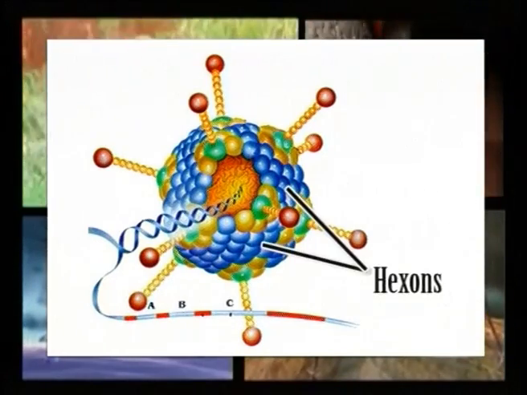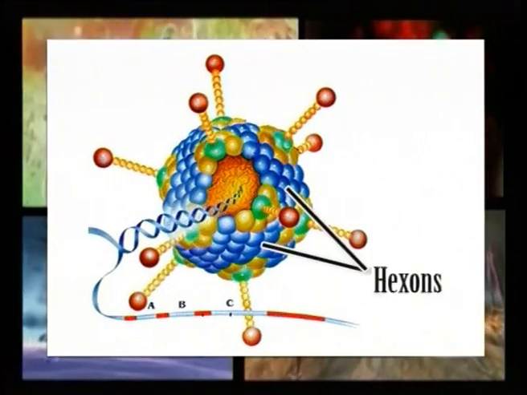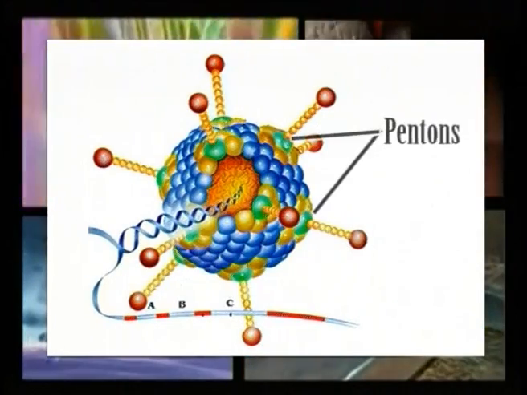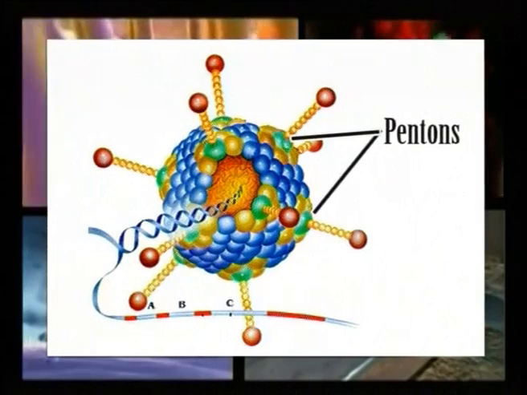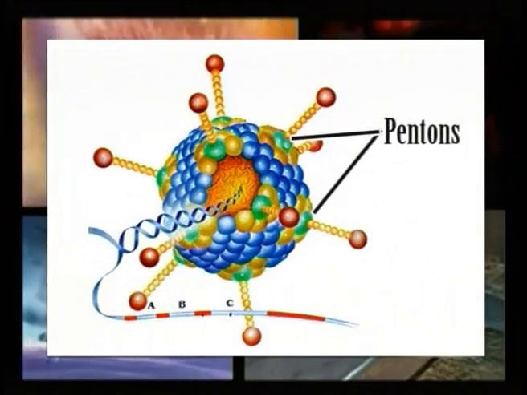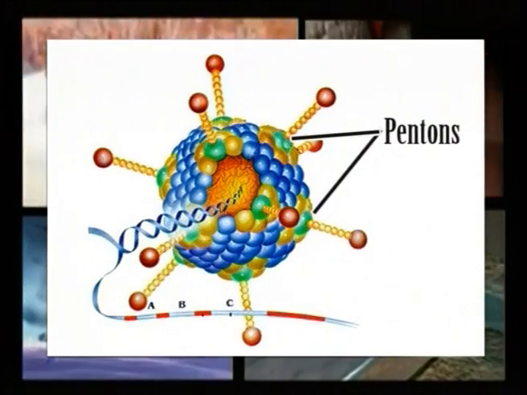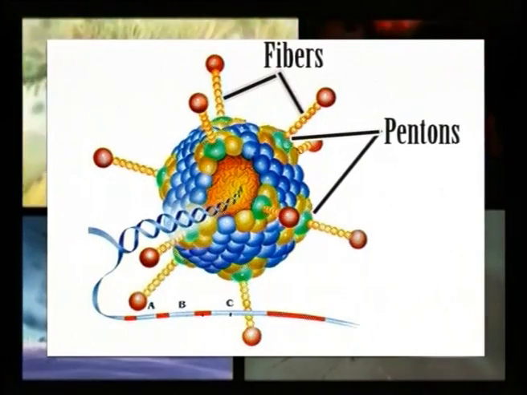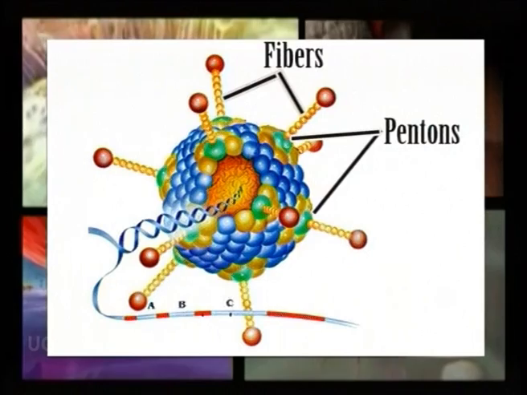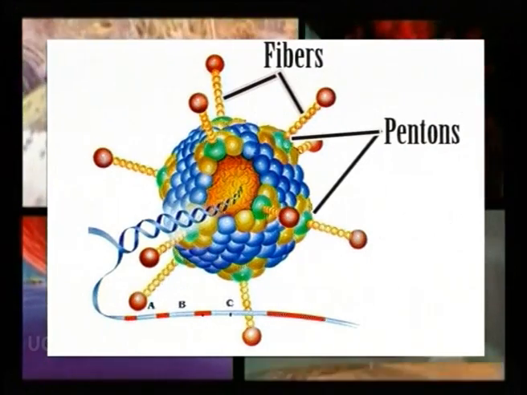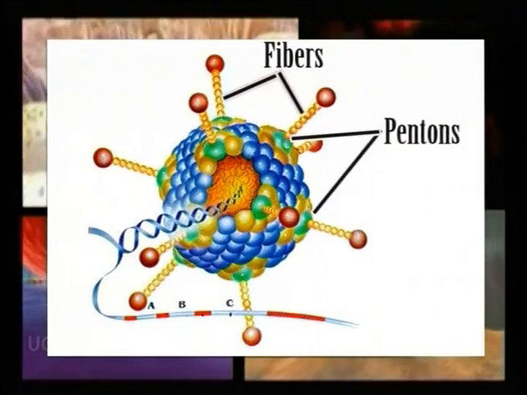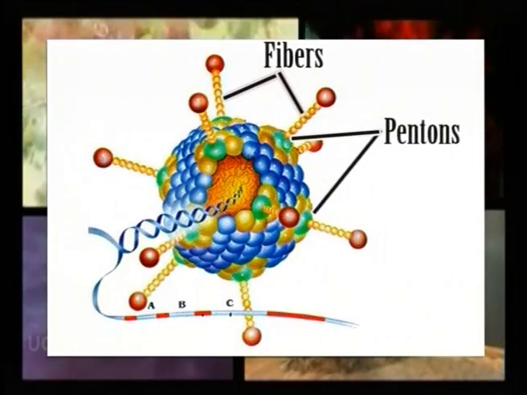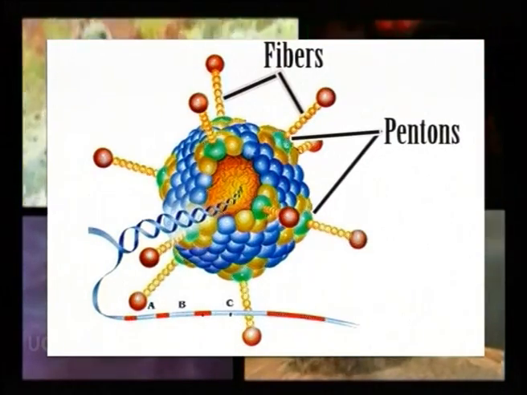The hexons are actually trimers composed of 3 identical polypeptides. At the 5 vertices of the icosahedron are 12 pentons. Some characteristic fibers are attached to the pentons which help the virus particle in its attachment to the host cell. The molecular weight of the DNA is 20 x 10^6 Daltons.